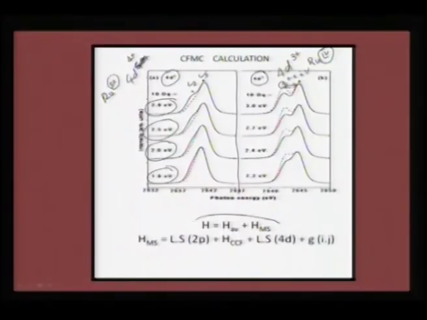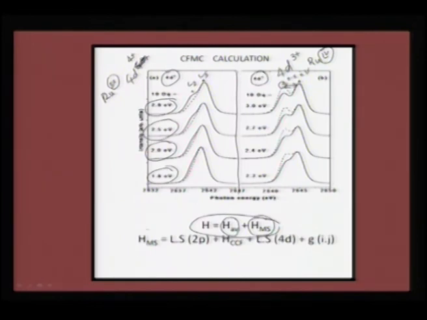And for this calculation we have used a Hamiltonian. This Hamiltonian talks about the H average, which is coming from the crystal field, and then this is the Hamiltonian due to multiplet splitting.